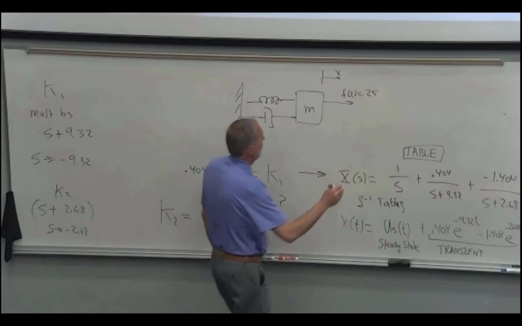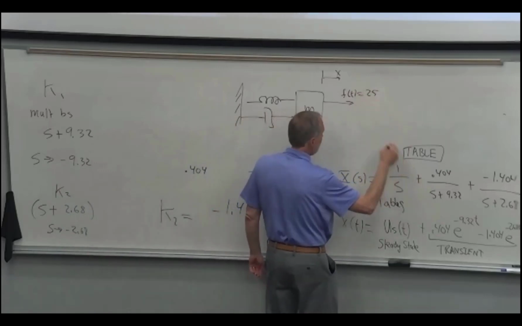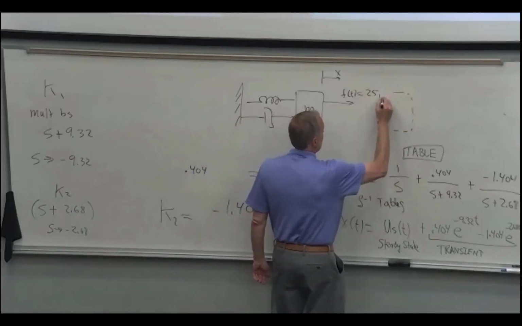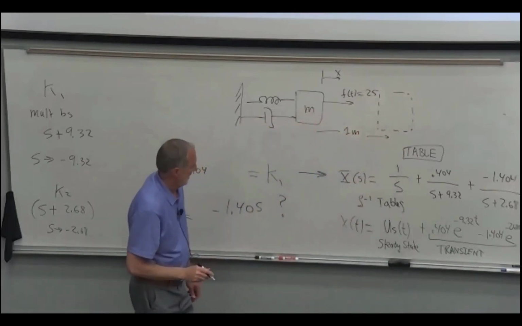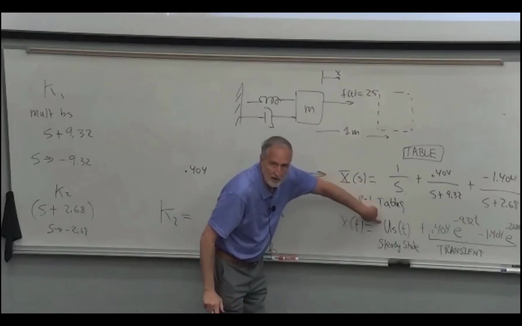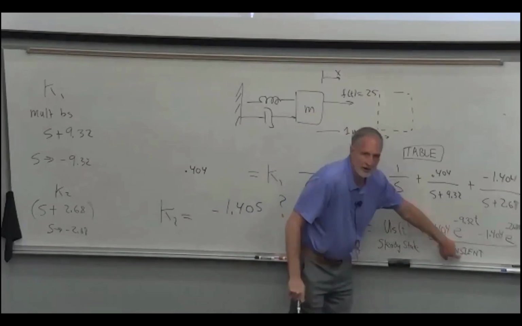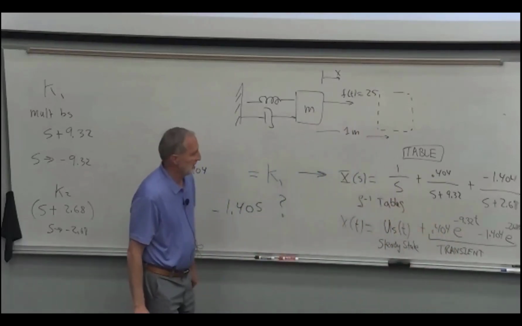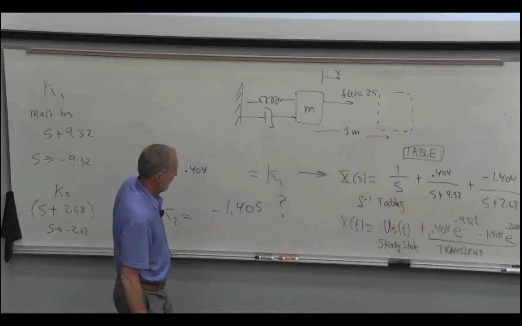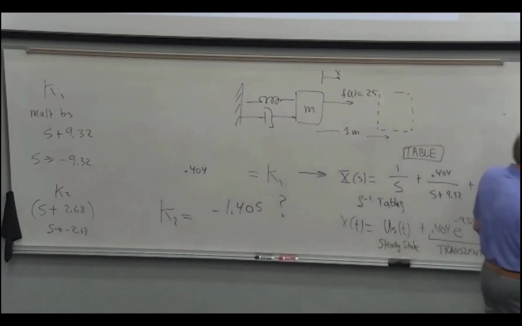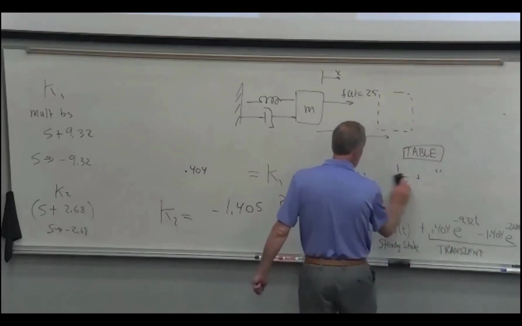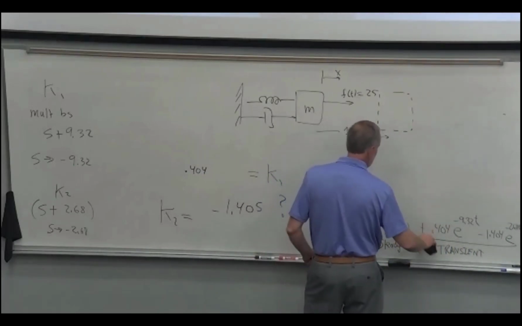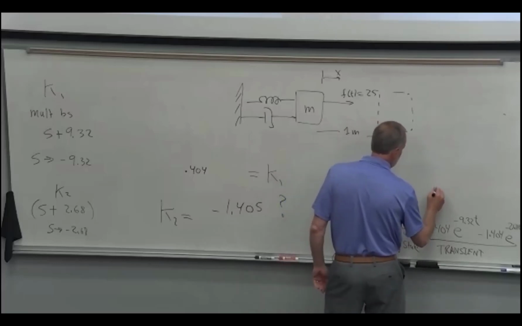And what we found from the differential equation solution and from this is that it slides over and it stops 1 meter over. So that's the 1 here, this steady state solution. And the sliding over is the transient part. And those correspond exactly to what in the differential equation method were the forced or particular and the homogeneous solution.